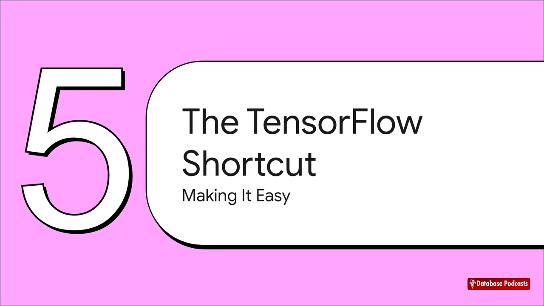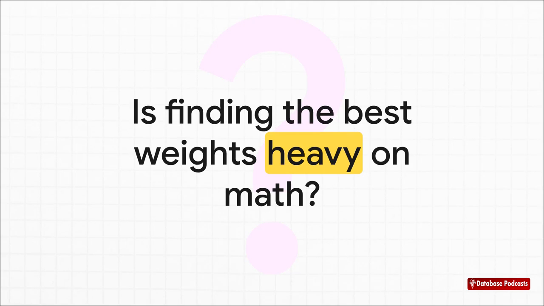Okay, so we've got the theory, the applications, and the prep work. Now for the part that makes all this possible without needing a PhD in mathematics, the TensorFlow shortcut. Yeah, this whole learning thing, where the neuron just automatically finds the best weights by minimizing its mistakes, sounds a little too magical. There's gotta be some serious math hiding under the hood, right?